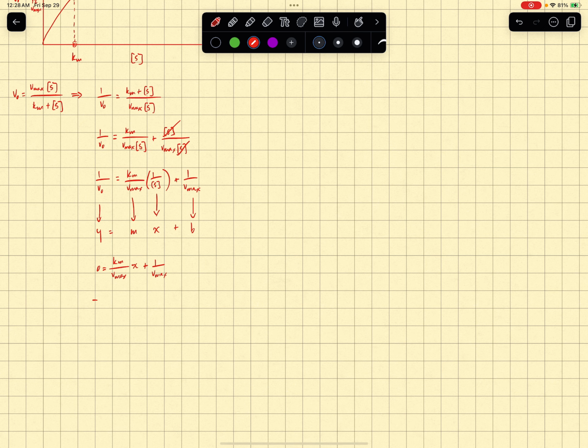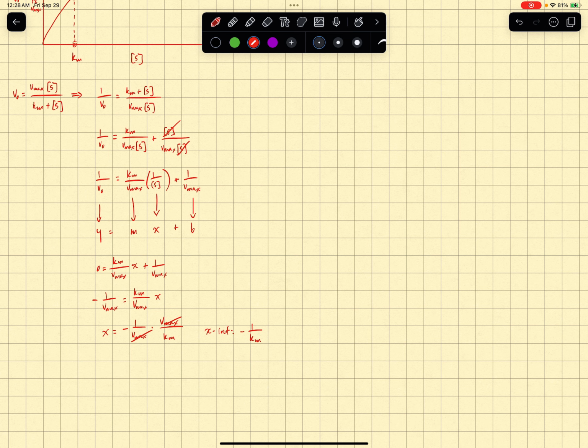So negative 1 over V max, I subtracted that, is going to be equal to Km over V max times the x-intercept. We do that division, and x is going to be equal to negative 1 over V max times V max over Km. So these V maxes will cancel out, and we'll get our x-intercept at negative 1 over Km.